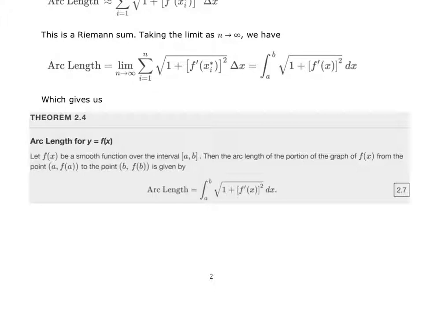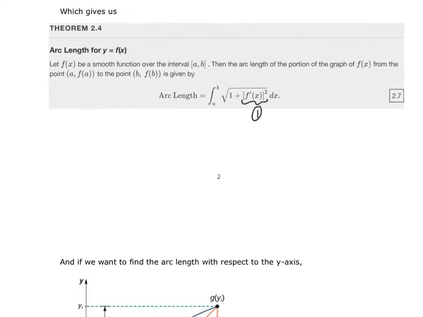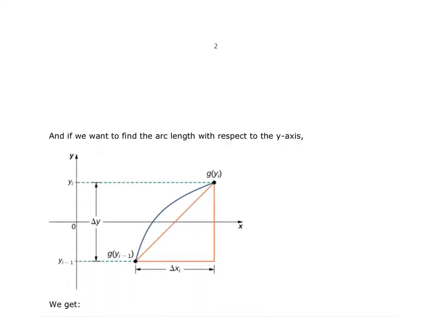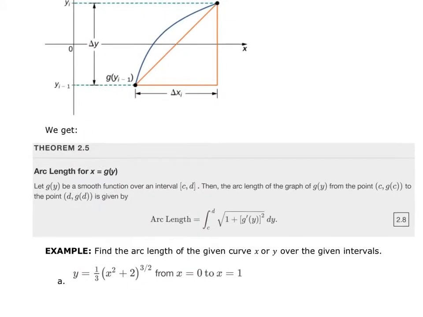So when we're asked to find the arc length, because we need to find f prime, the first thing we're going to do is find f prime. Because after we find f prime, we actually square it. So it's important that if we're asked to find the arc length, we have to find the derivative of the function that we are looking at. If we want it with respect to the y-axis, then we get this other formula.